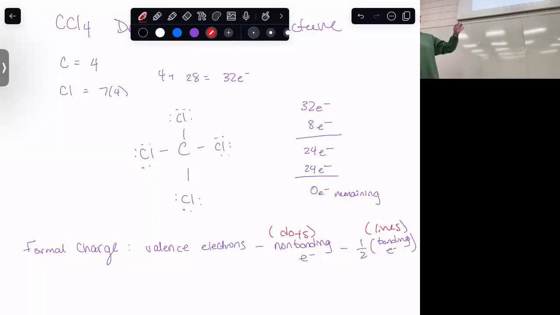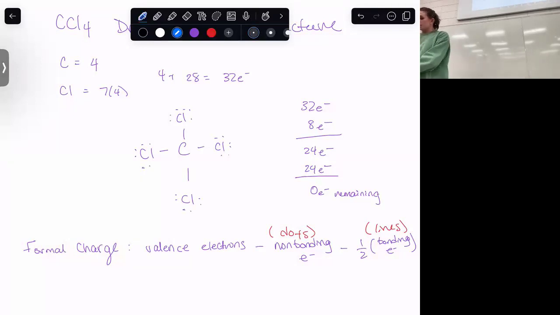So in the case for the bottom chlorine, how many dots do we have? Yeah, we have 6 dots, and how many lines do we have for that chlorine? We have 1 line, right? That would be the same as if we said there's 6 non-bonding electrons, and then half of the 2 from the bonding is 1, right? So you can just count your dots and lines. That works for double, triple, anything like that.